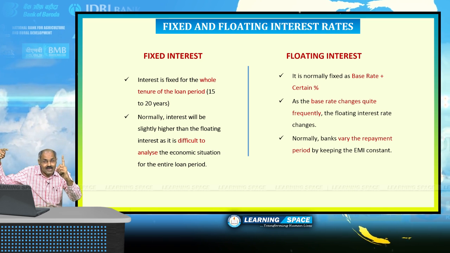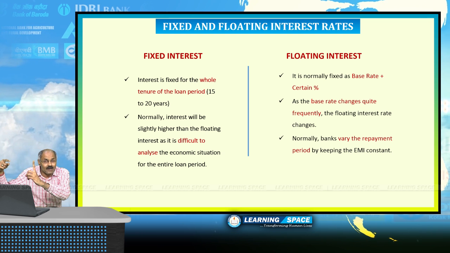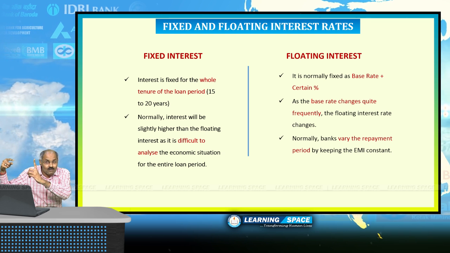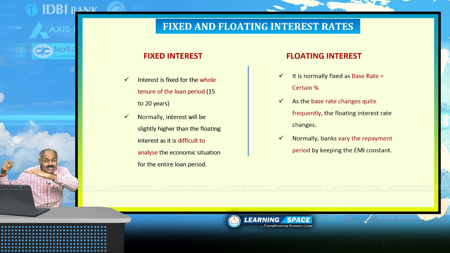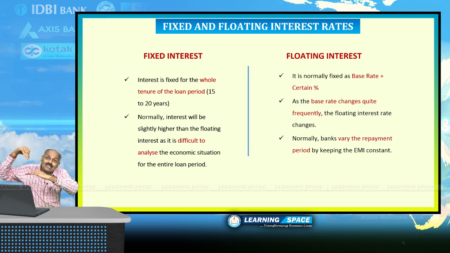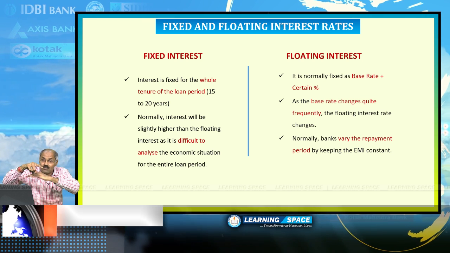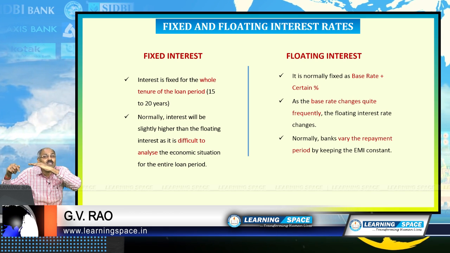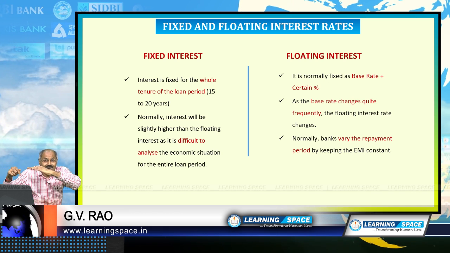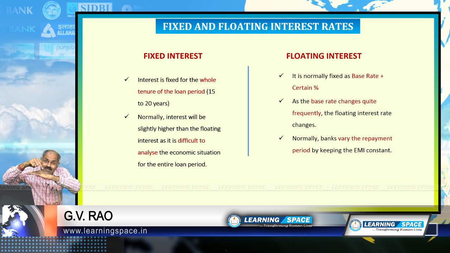Right? And the floating interest rate will be floating. That means subject to the change in the base rate, your interest rate will change. I am talking about floating interest rate. In floating interest rate, subject to the base rate, your interest rate will change.